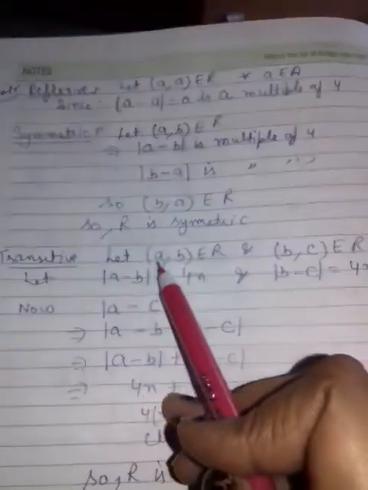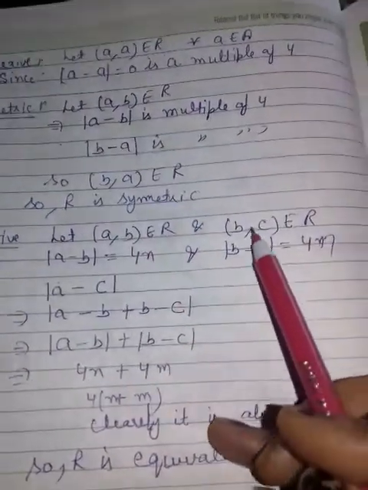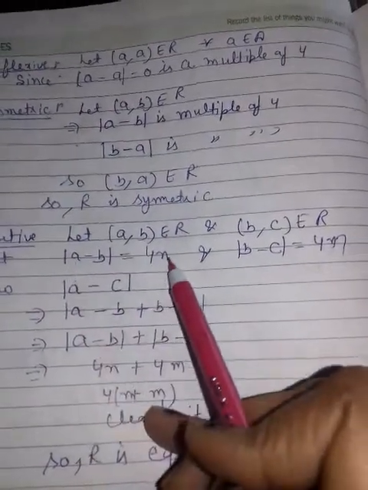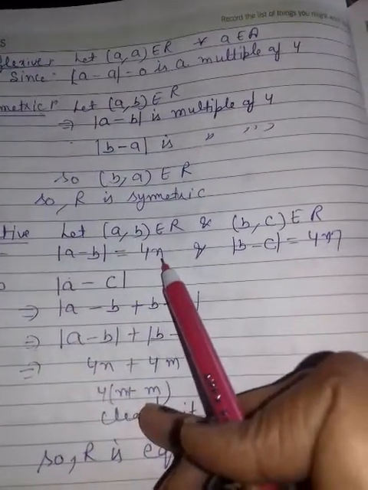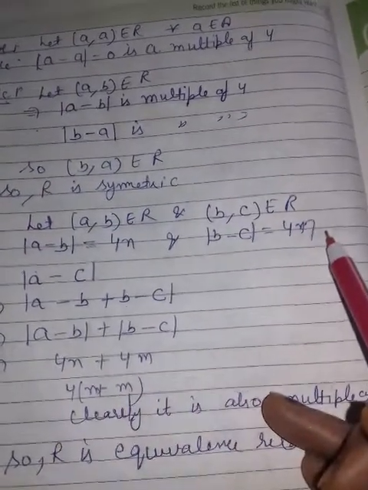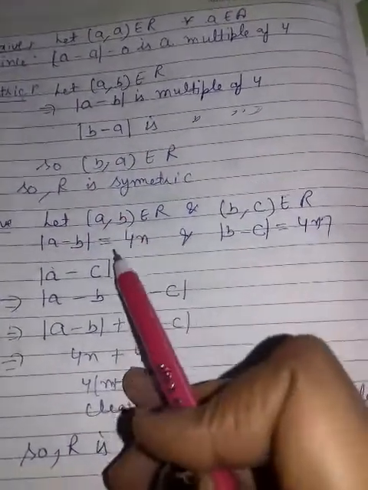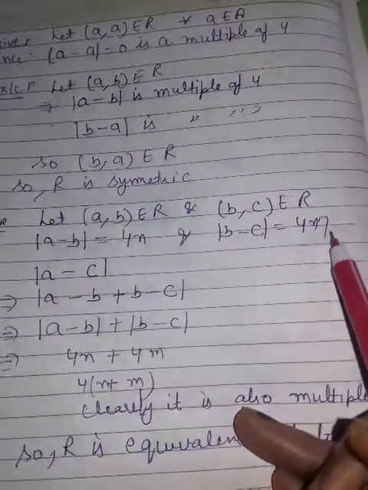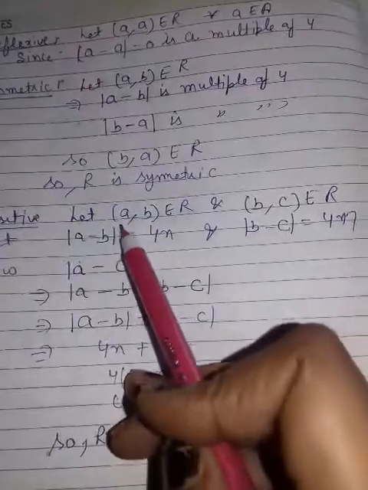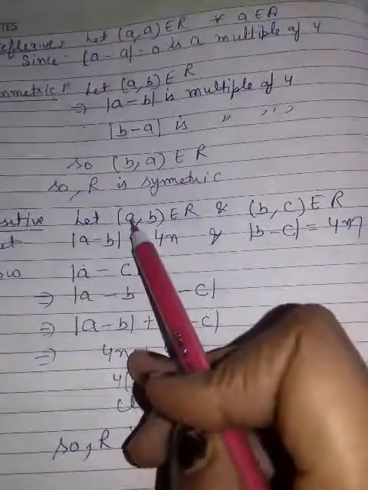Now in transitive, if AB belongs to R and BC also belongs to R, then A minus B is a multiple of 4, so I have taken 4n with it. You can also write B minus C is equal to 4m. Then you have to check A minus C. You know AB, BC, then you have to check AC.